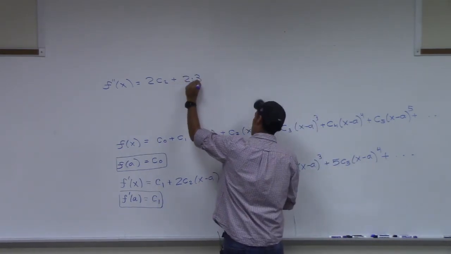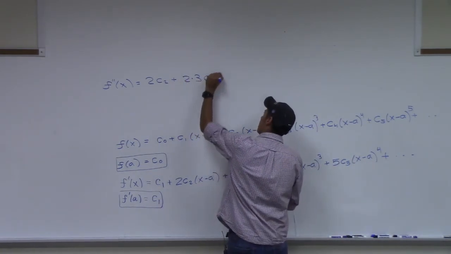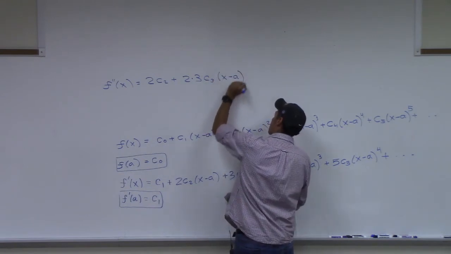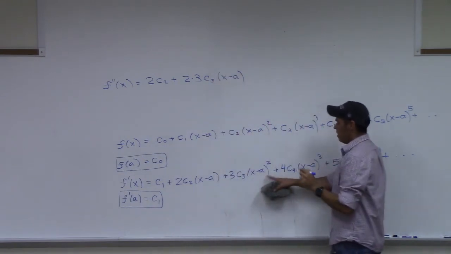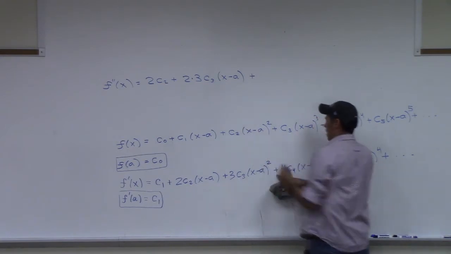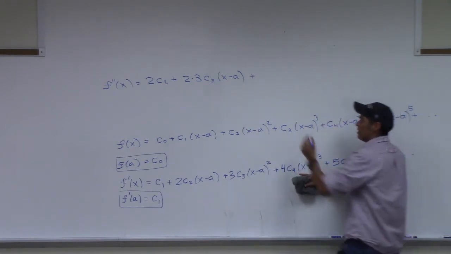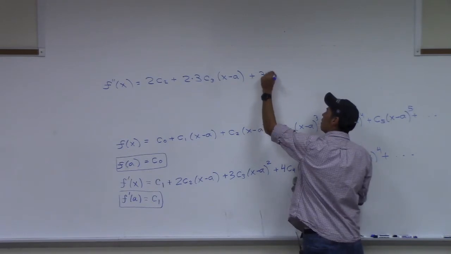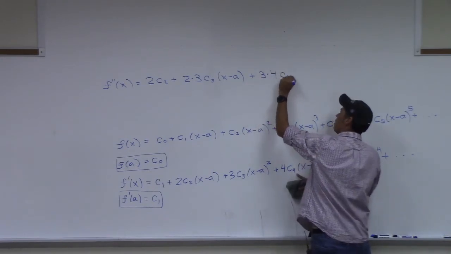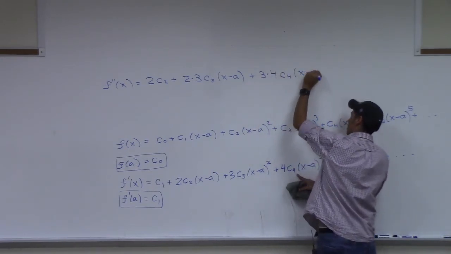2 times 3, c sub 3, x minus a to what power? 1. Okay, plus, this one's going to be 4 times 3. I'm going to write it 3 times 4, c sub 4, x minus a to the 2.